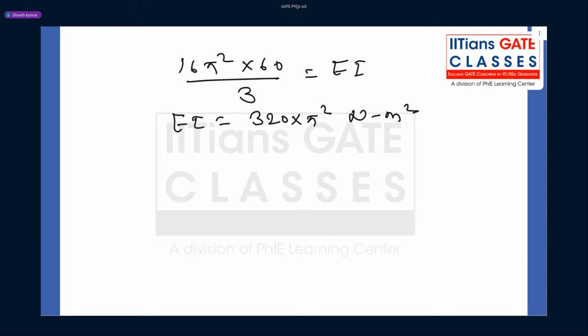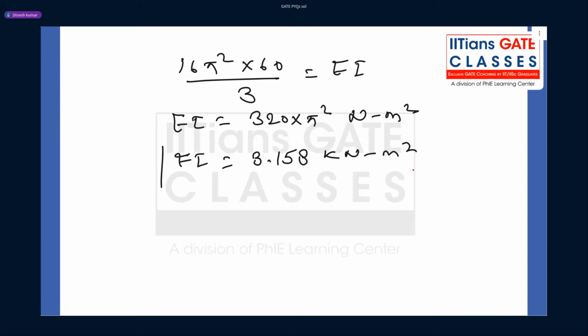So guys, do the calculation and tell me what is the answer. Yeah, so it is in kilo Newton meter square. The answer is 3.158 kilo Newton meter square.